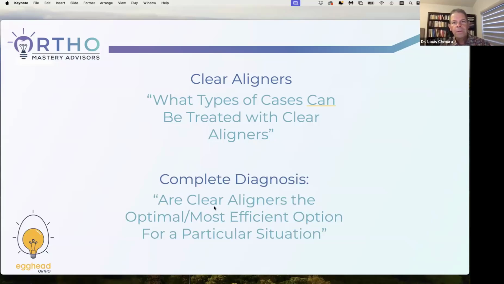And once we know the diagnosis, which is more complicated than crooked teeth or spacing or whatever, I'll show you that as we go along, we say, what's the best way to treat it in the most efficient and therefore profitable way? And is it with clear aligners, or is it with some other modality, or is it with something and clear aligners, which is where most of the cases would fit?